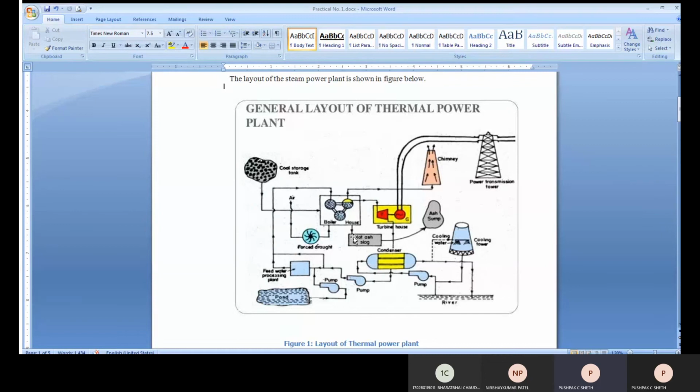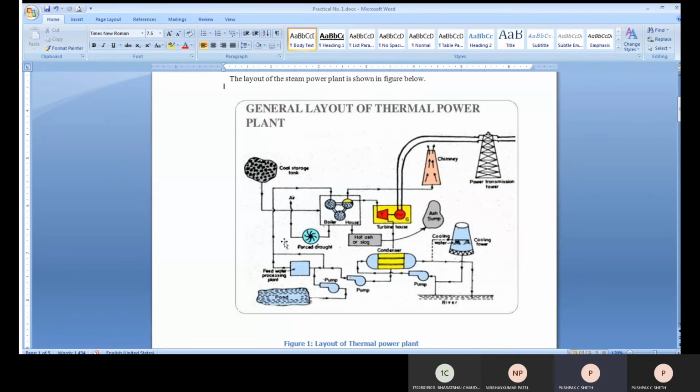It is converted into ash, and there are ash ponds. You collect the ash, mix it with water, and flow it to a special place known as the ash pond, where the ash is collected and can be used later for making bricks as well as roads.